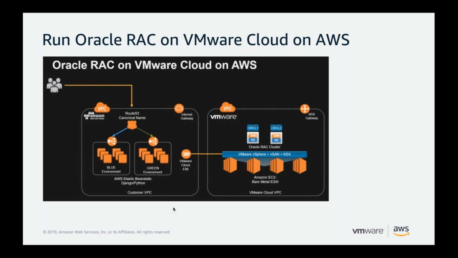This particular slide shows a setup which uses an Oracle RAC cluster for high availability, zero downtime, connection time failover. It supports a Django Python application running on a native AWS Elastic Beanstalk environment.